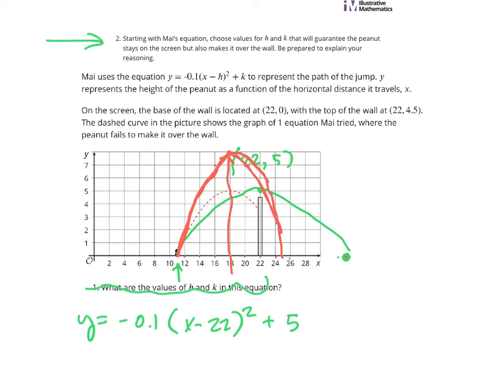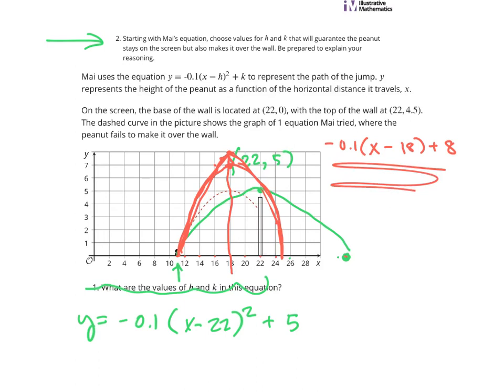But raising your value for k, for the y part, would also work. So if that were the equation, I'd have negative 0.1 times x minus h, which is still 18, plus k, which I don't know, I randomly picked 8. I think 7 would work too if we're down here. So that would also work. So we could either move it in this direction or move it in that direction, and either one gets us the right answer.